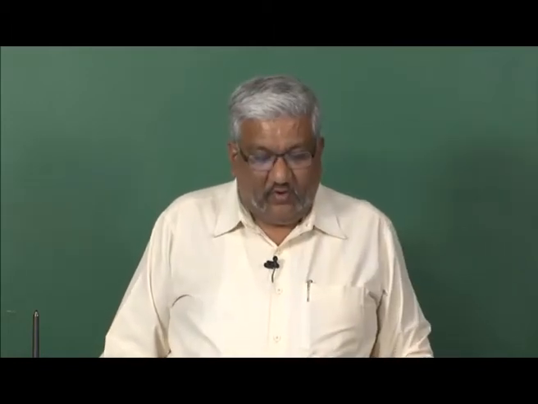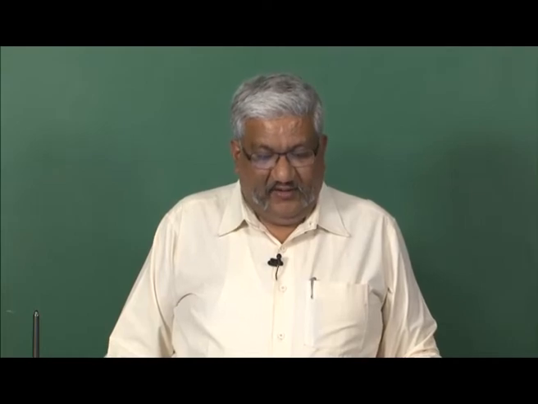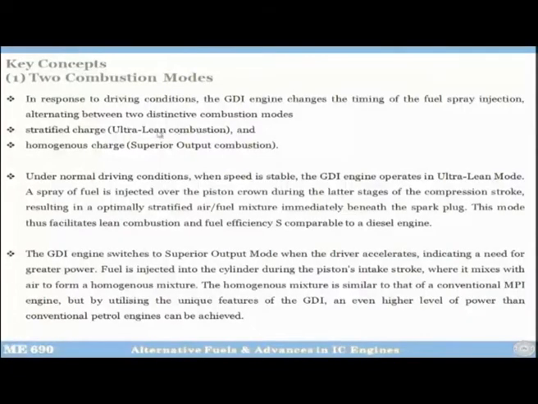So the overall air fuel mixture will be very lean. If you put the same air fuel mixture strength in a PFI engine, you cannot ignite it. It's very lean, and therefore this also leads to a lot of fuel economy saving.